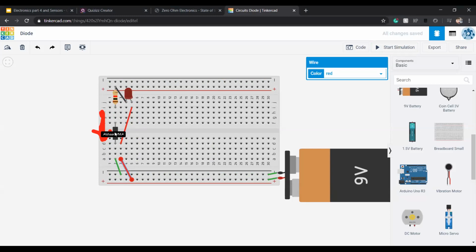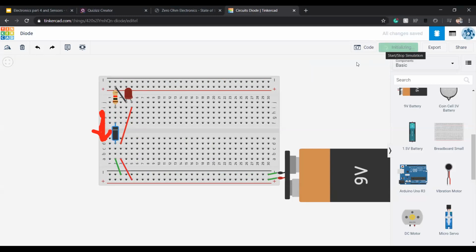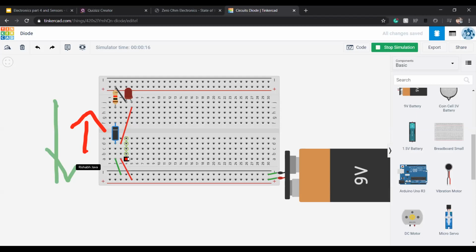And if we flip the diode around, you can see it does not turn on, because now the arrow is in that direction, but the current is flowing in this direction. So they basically cannot go. Basically, the current won't flow, so the LED won't turn on.